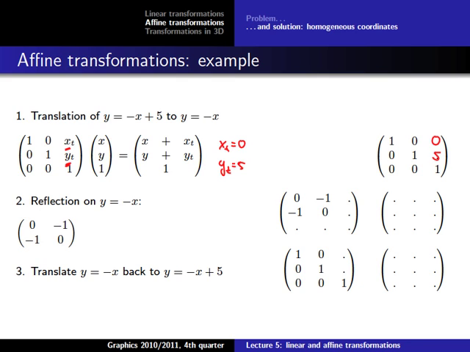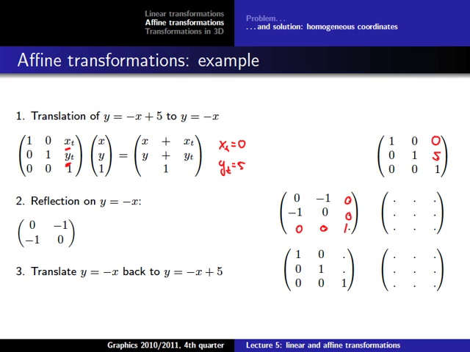We don't have to do any translation, but of course, when we want to integrate it in this whole scheme, we have to add the homogeneous coordinates. And if we multiply this with a vector x, y, 1, it will not change the vector. It will be for x and y the same result as if we apply x and y to this two-dimensional matrix. And then, of course, we have to translate everything back.